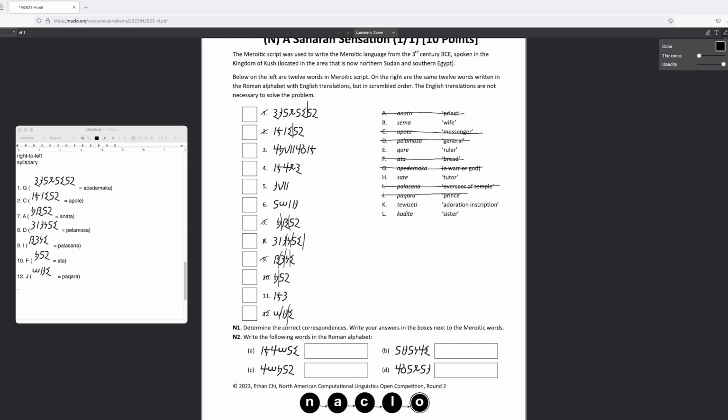But what we see here is that in this case, this combination of the 5-looking glyph and the E that we think represents the consonant P or something like that, this represents Pe. Meanwhile, the glyph on its own here represents Pa.